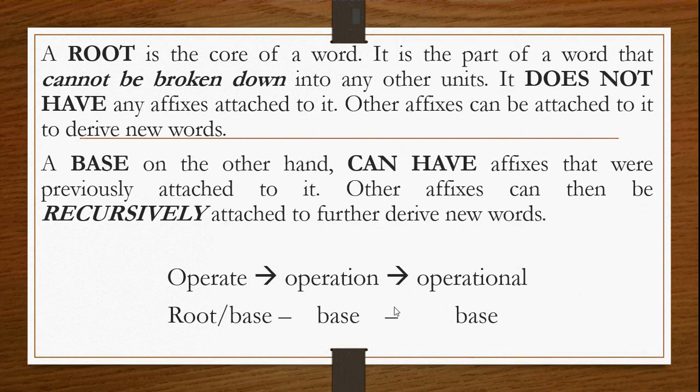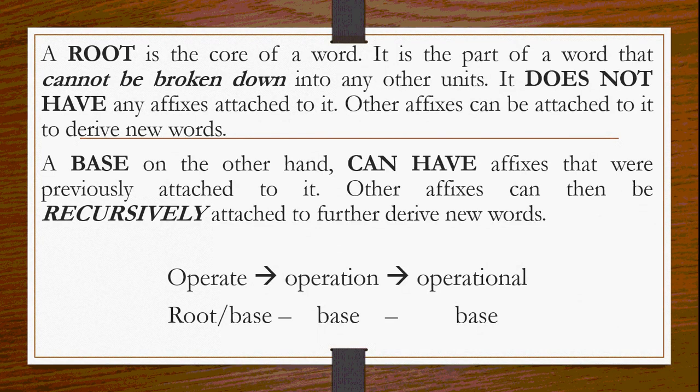So, for example, if I have the word operate and then transform it into operation and then into operational, operate will be the root, and it can also work as a base because it's a form of a word to which I can attach affixes and create new words.